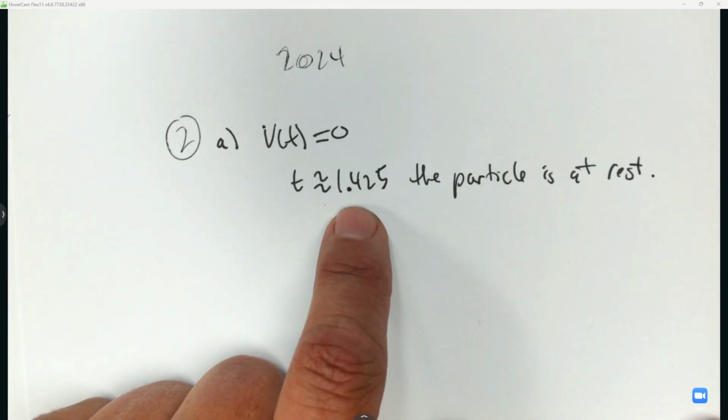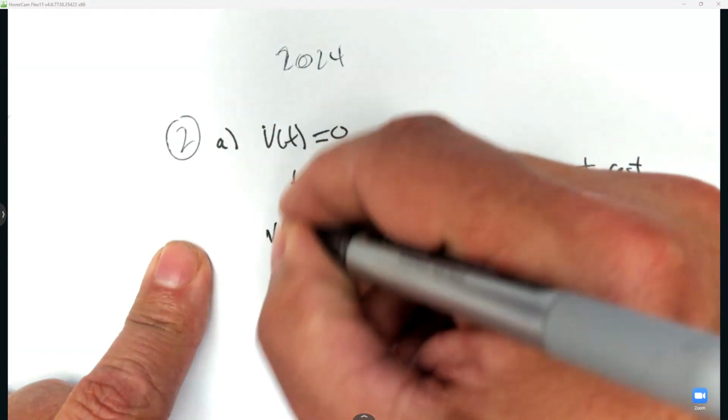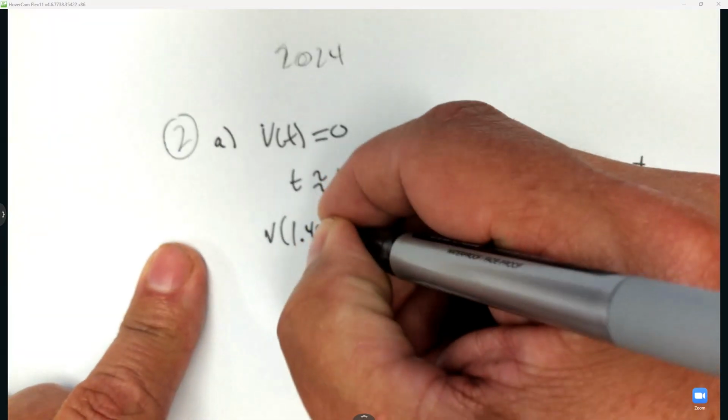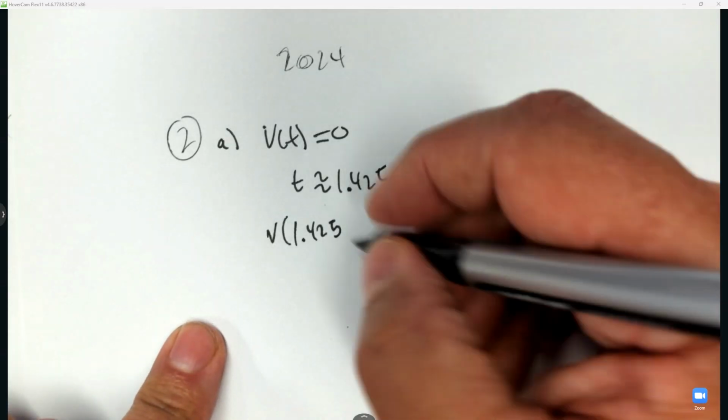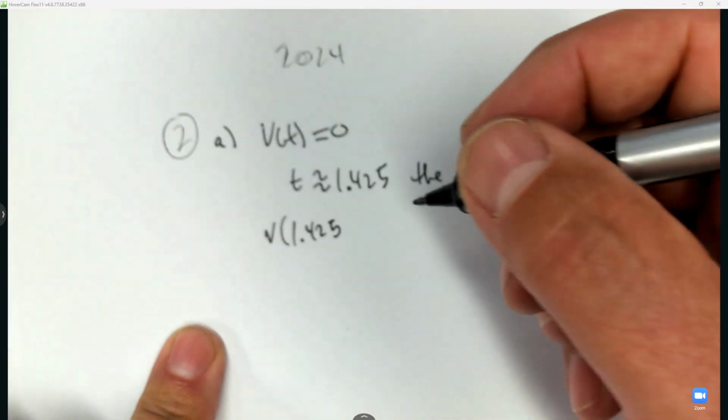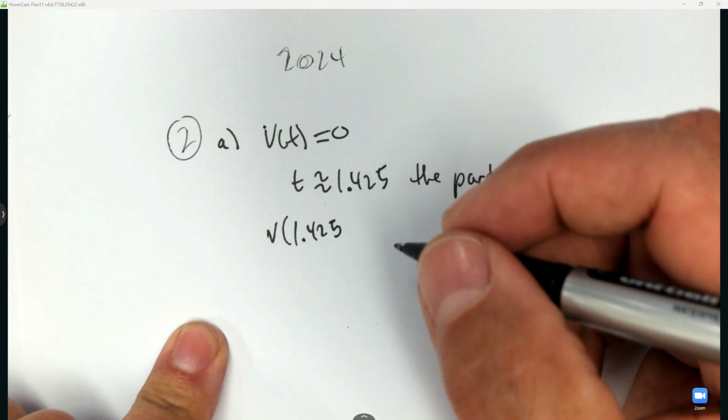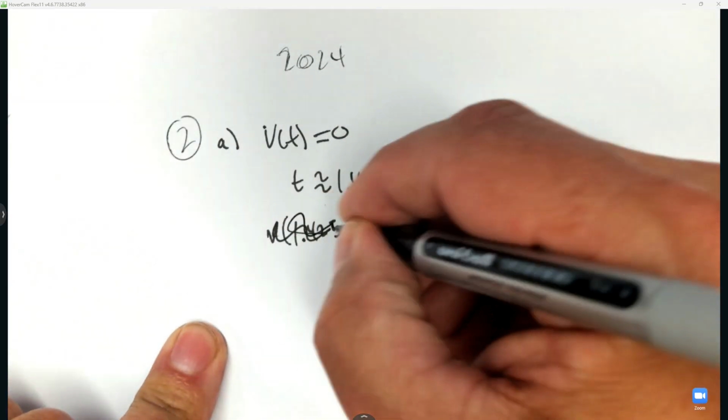Then it says, is it moving right or left at that time? So if I plug in 1.425, before that moment, between there. So let's write it in there.